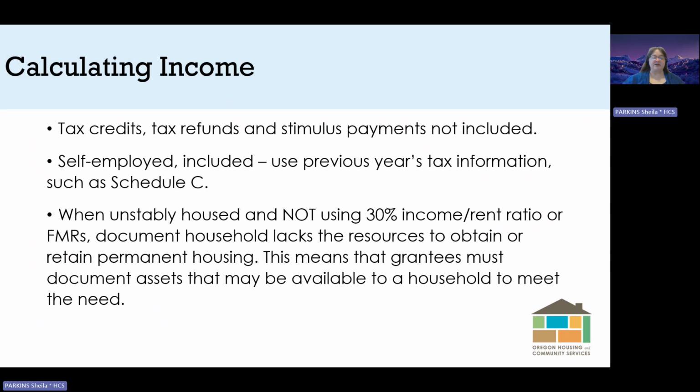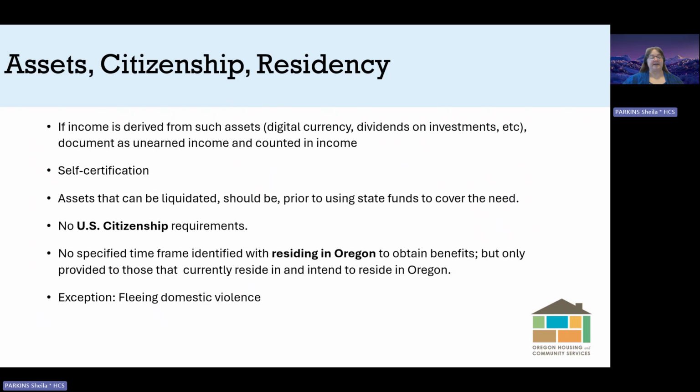When providing assistance to a household that is unstably housed or Category 5, and when not using the 30% income rent ratio or the FMRs, grantees must document that the household lacks the resources to obtain or retain permanent housing. This means that grantees must document assets that may be available to the household to meet the need.